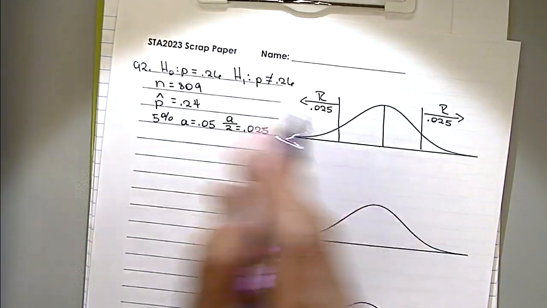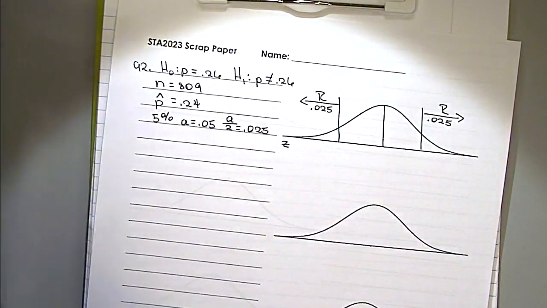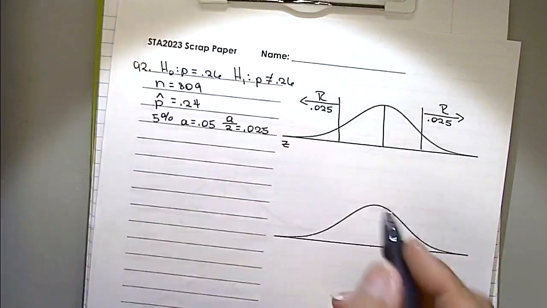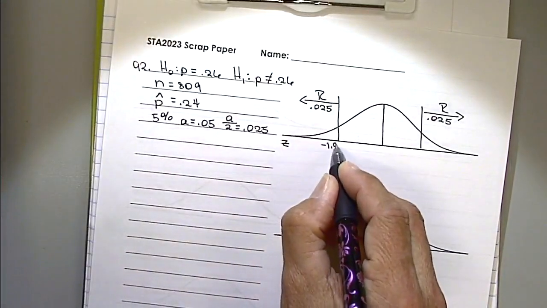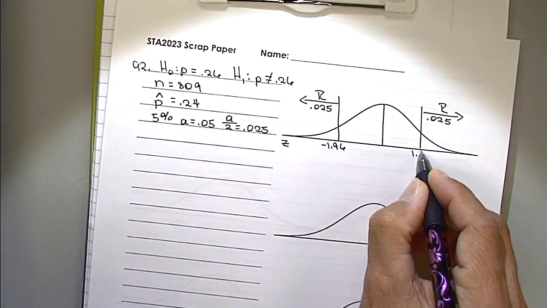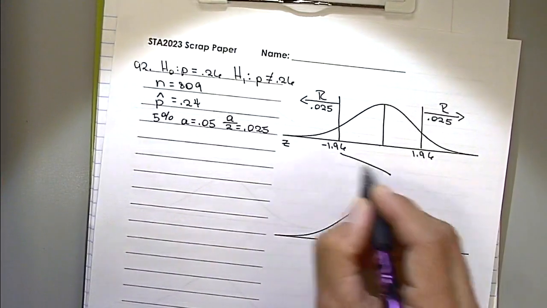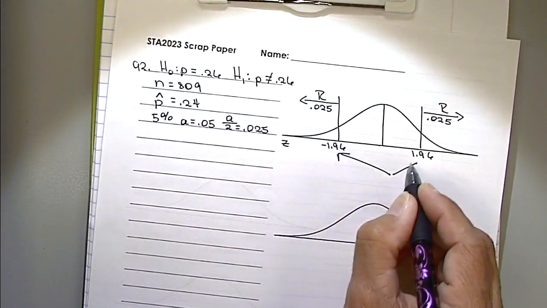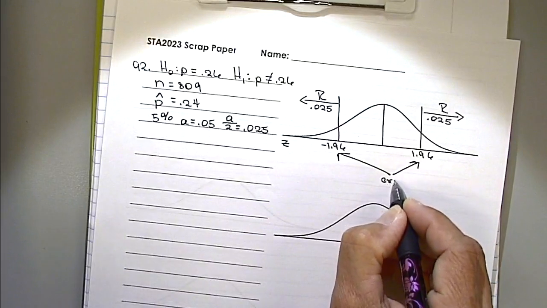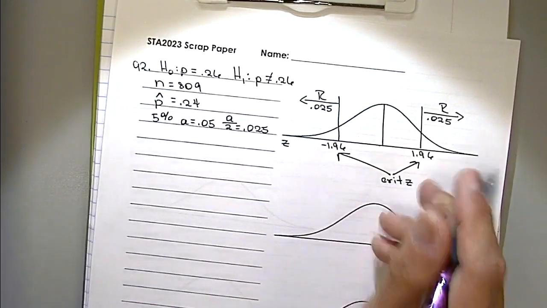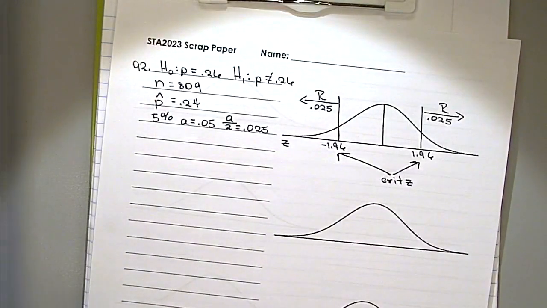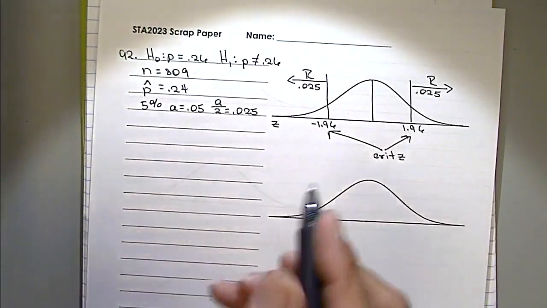You might remember this one because we've done that a bunch of times before. It would be negative 1.96 and positive 1.96. These are critical z values. There are 2 of them because it's a two-tailed test.